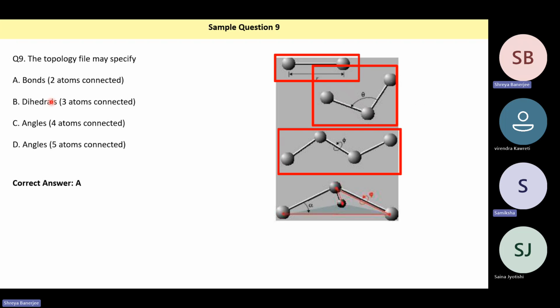The topology file will tell you about the bonds, which are two atoms connected. If you know the bonds, then when two bonds are connected, you will know the angle. When three bonds are connected, you will know the dihedral. So the most important thing specified is the bonds, which is option A.